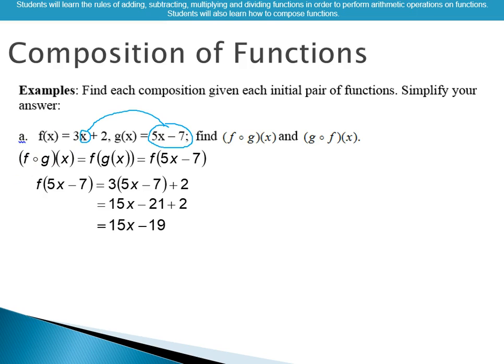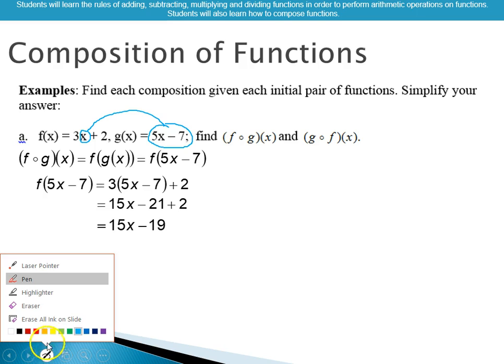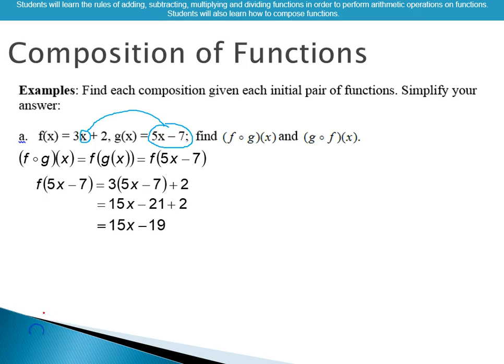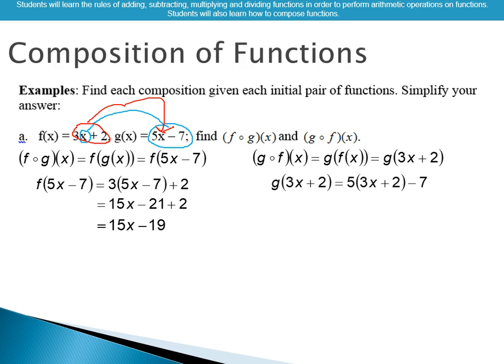Now what it's asking us to do is the reverse. It's asking us to do the opposite direction. So now we're going to take the f function and put it into g. So we're going to take this 3x plus 2 and plug it in for x. So we're going to have g of 3x plus 2, which means 5 times the quantity 3x plus 2, minus 7.